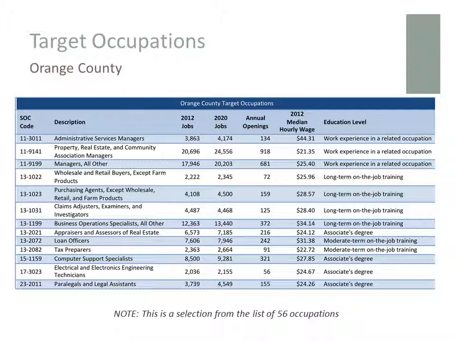So, for example, we can look at the sixth one down, claims adjusters, examiners, and investigators. It shows you the number of jobs currently, the number of jobs forecast in 2020, the annual openings, 125 annual openings in that field, the median wage of $28.40 an hour, and the education level, long-term on-the-job training. So this is provided for each occupation. I'm going to talk about it later, but I want to encourage faculty members, deans, and administrators to utilize the district's license to EMSI.